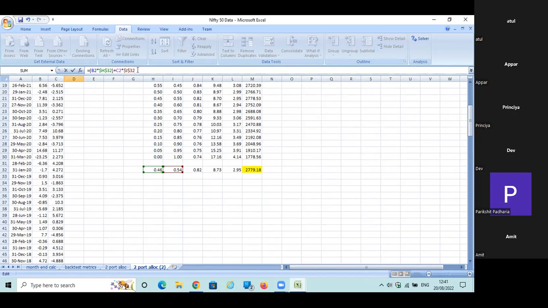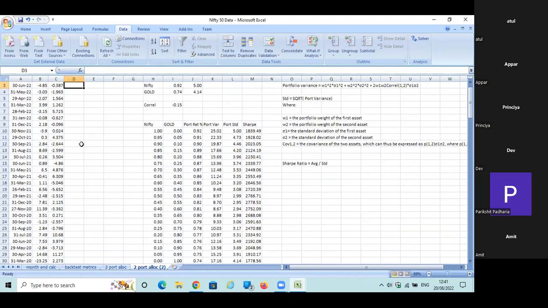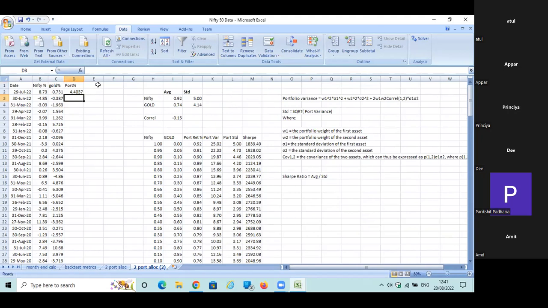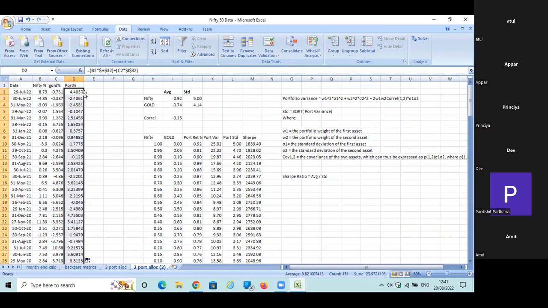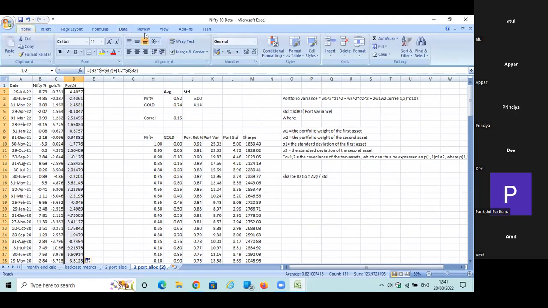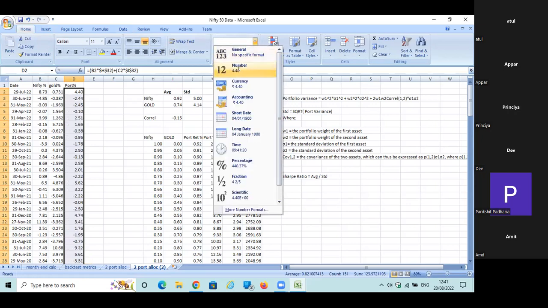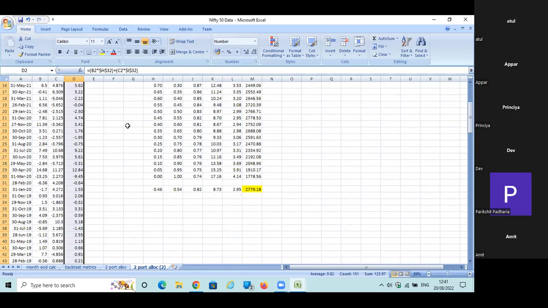Enter. Take these values. Make backtesting matrix, make a copy of that.